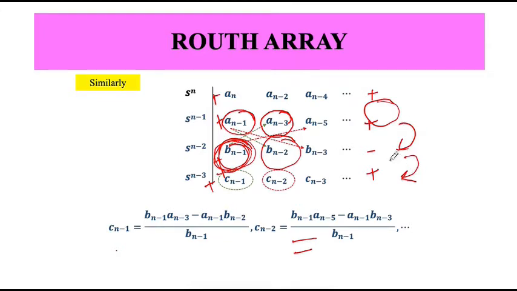So these sign changes will tell you how many poles are there on the right half plane, and that's what we will read in the statement again.